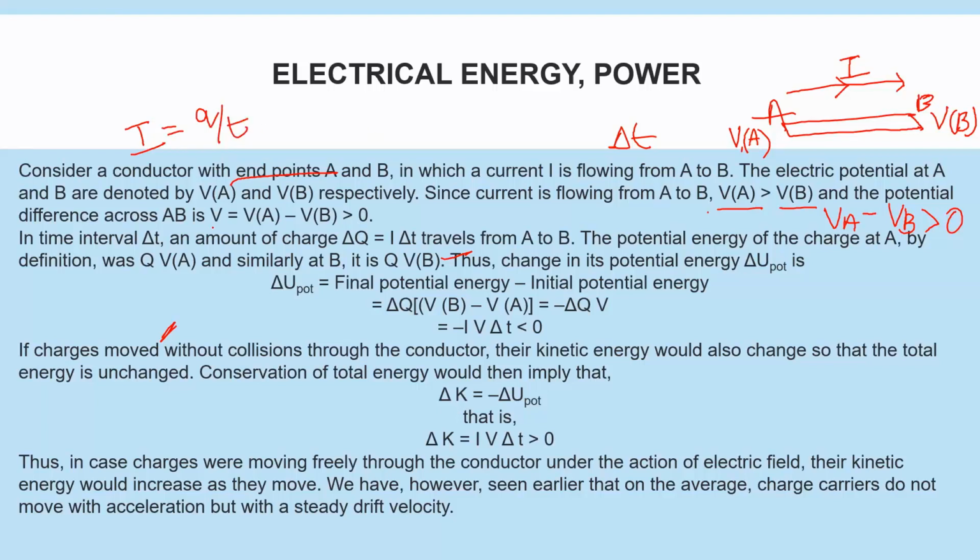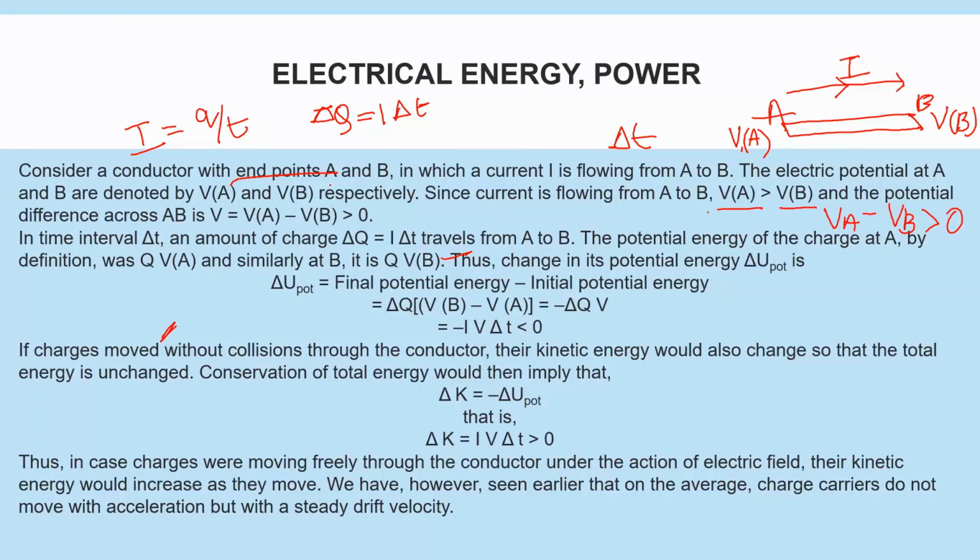Now if you're considering the time interval del t, the amount of charge that is passing through the conductor because of the flow of the current through the time interval del t is going to be given as del q is equal to I into del t, which is traveling from A to B. So the potential energy of the charge at A, by definition, will be QV.